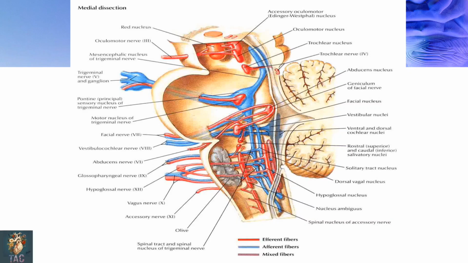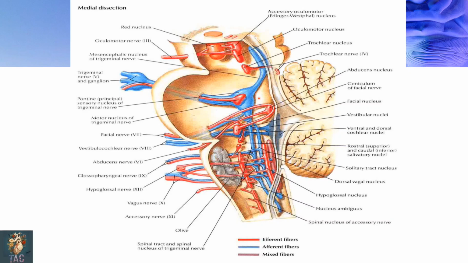Also you can differentiate another thing: the motor nuclei which are carrying the somatic motor fibers are given the red color. These are the oculomotor, the trochlear, the motor nucleus of the trigeminal, the abducent, and the facial nerve nucleus, its motor part, and also the hypoglossal nucleus.